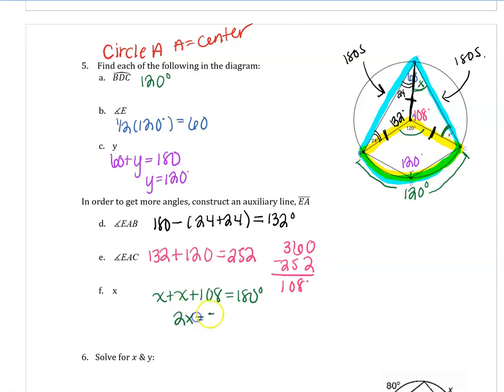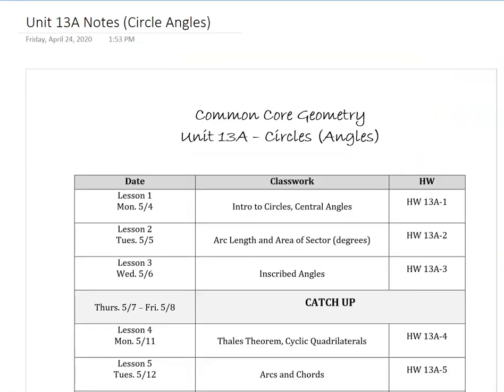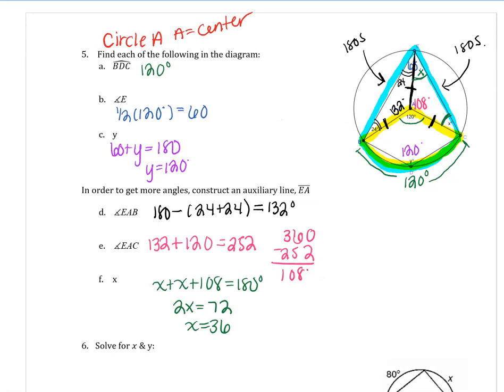So 2x equals 72, which means x equals 36. So that means this little angle right in here is 36 degrees, as is technically that one right up there. Okay, and that is question 5.